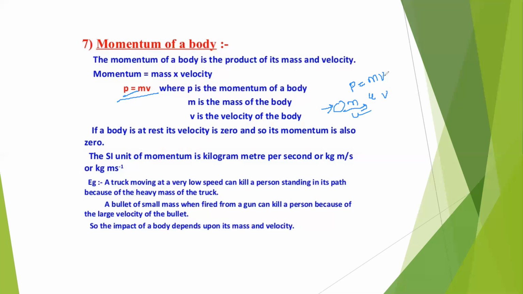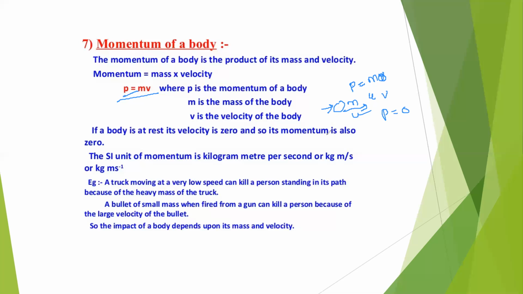Now the velocity becomes zero, so the momentum p is equal to m into 0, which is nothing but 0. If the body is at rest, its velocity is 0, so its momentum is also 0, right?